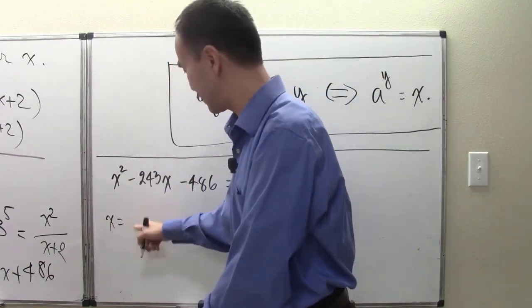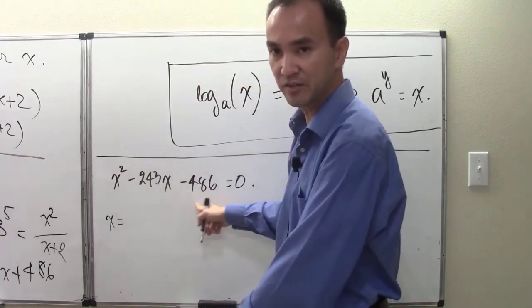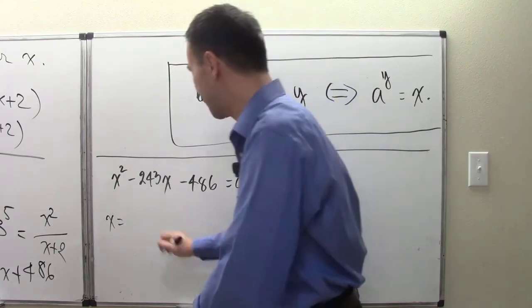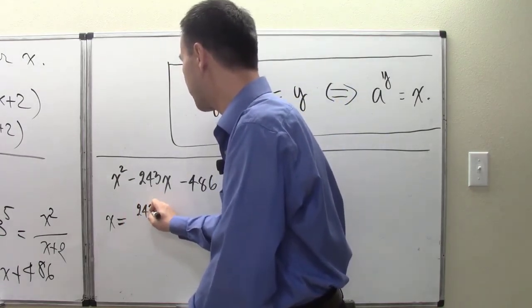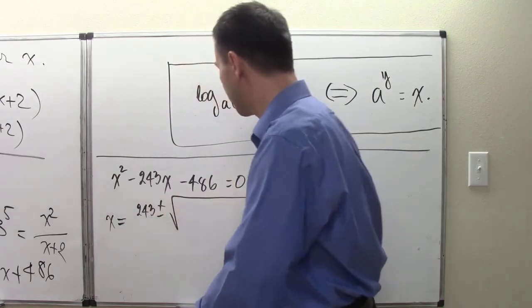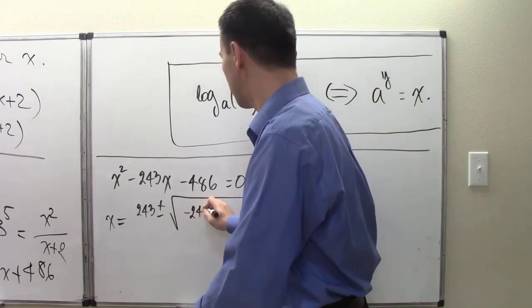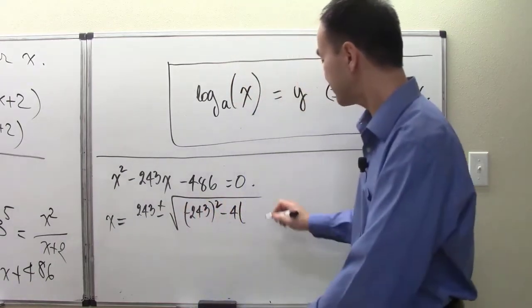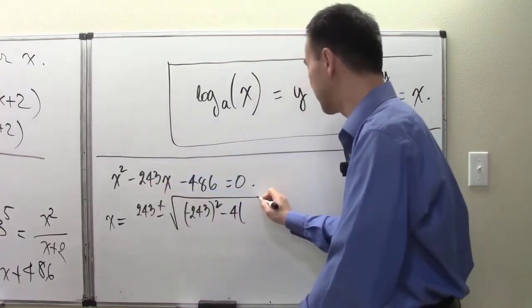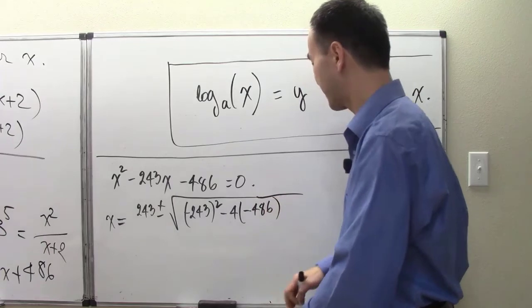A equals 1, b equals minus 243, and c equals negative 486. So it's 243 plus and minus the square root of minus 243 all squared, minus 4 times a, which is 1, times c, being minus 486.